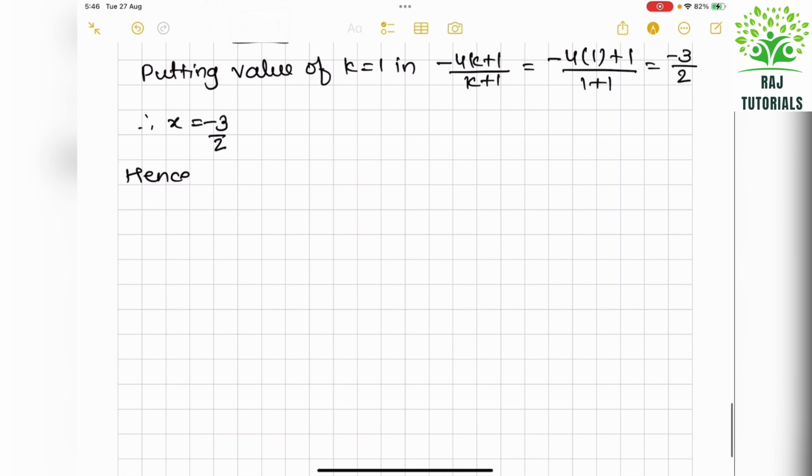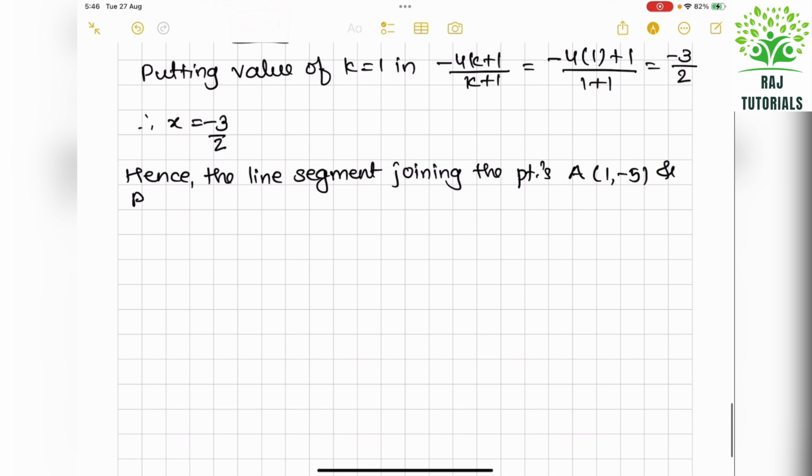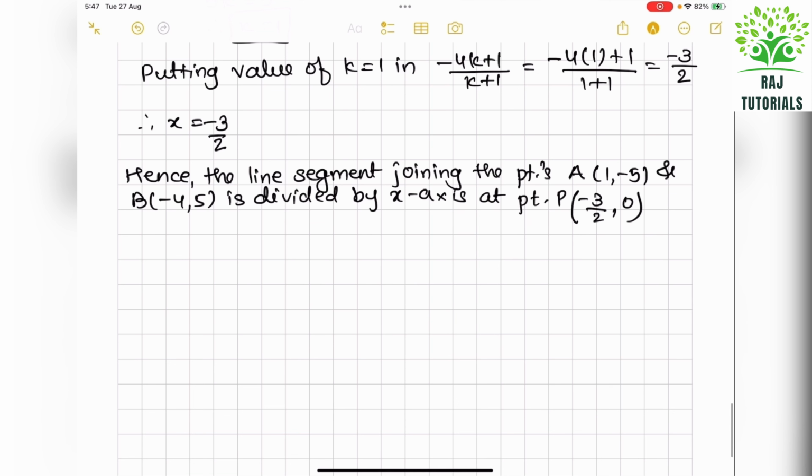Hence the line segment joining the points A (1, minus 5) and B (minus 4, 5) is divided by x-axis at point P (minus 3 by 2, 0) in 1:1 ratio.